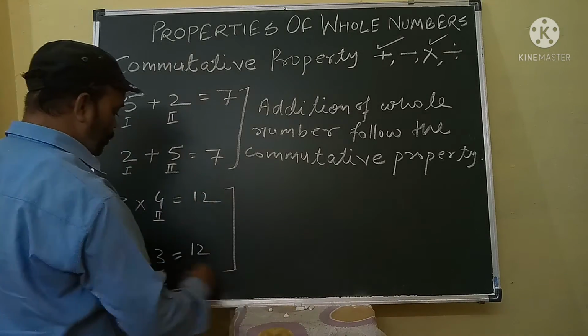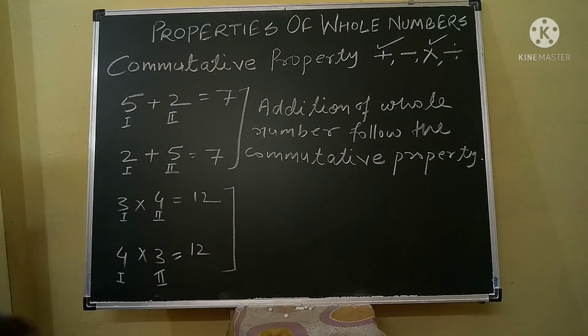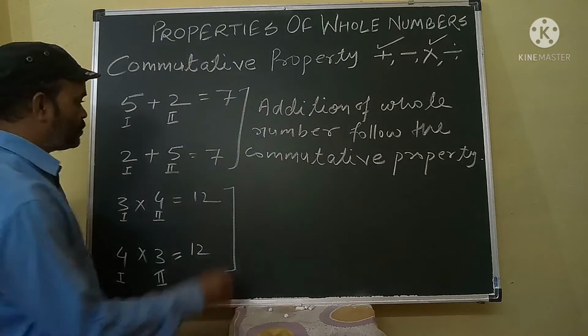So, what is the basic point? Multiplication of whole numbers follows the commutative property.